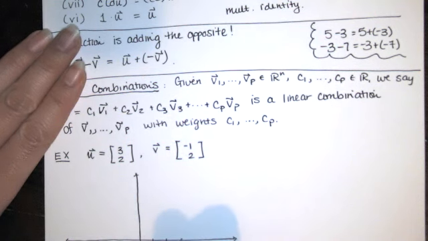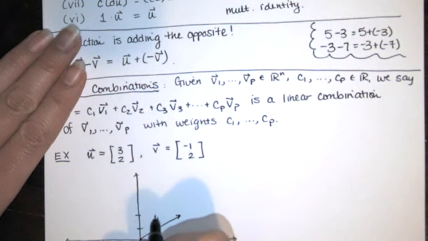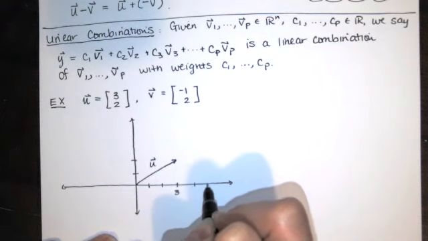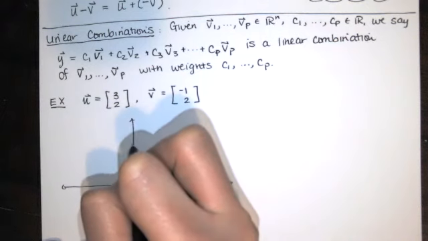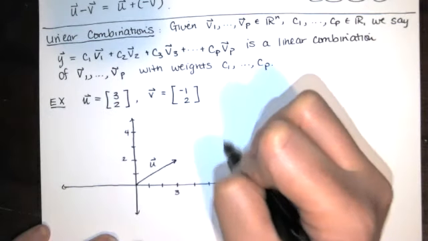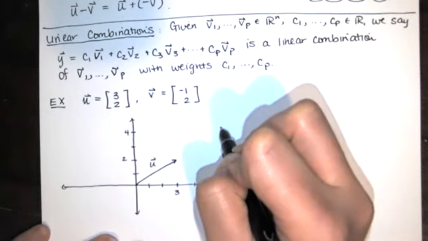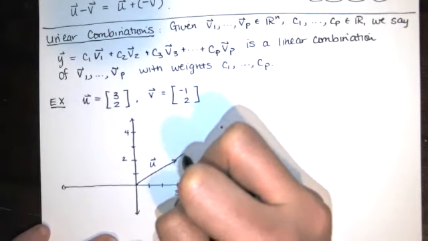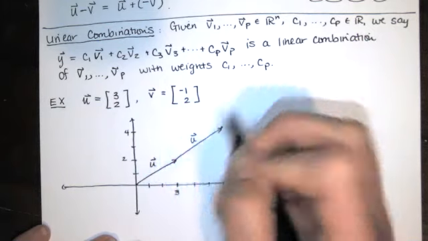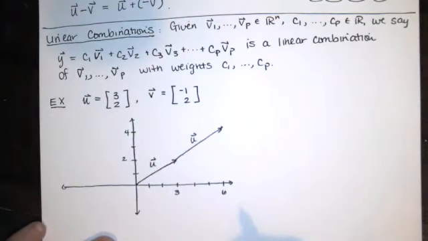We go 3 units in the x direction, then 2 units in the y direction to get the terminal point of u. So there's u. Then if I go 3 units in the x direction again and 2 units in the y direction again, I end up over here. It's not quite to scale. That's supposed to be 2u. That's a u, and that's another u, and u plus u is 2u. My picture's not too good.